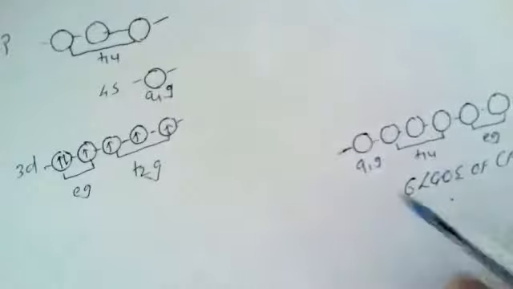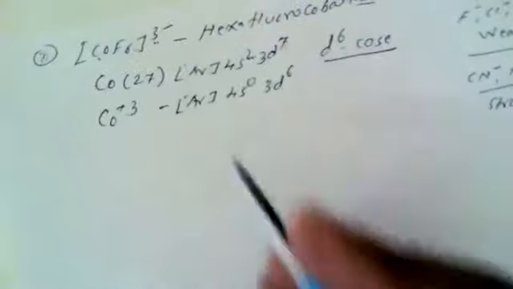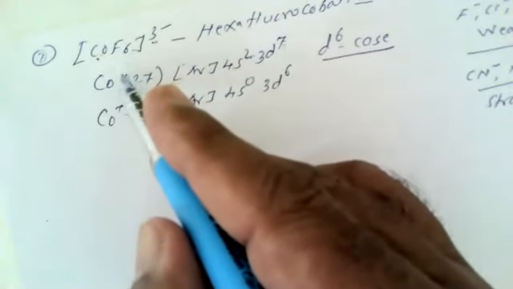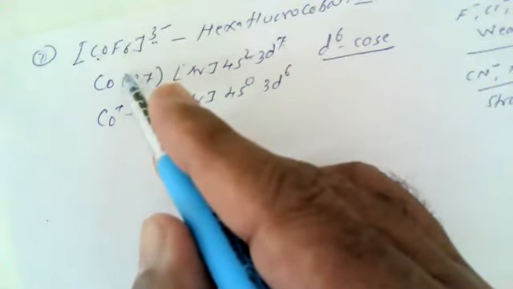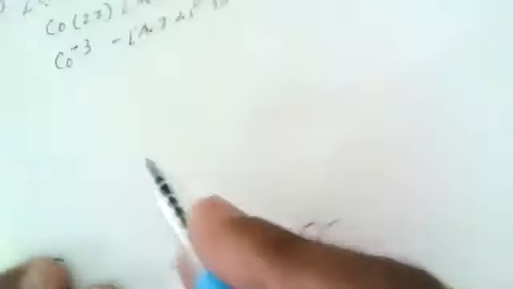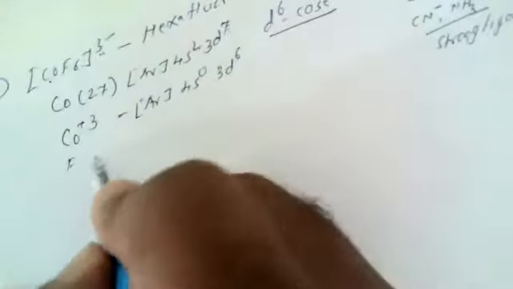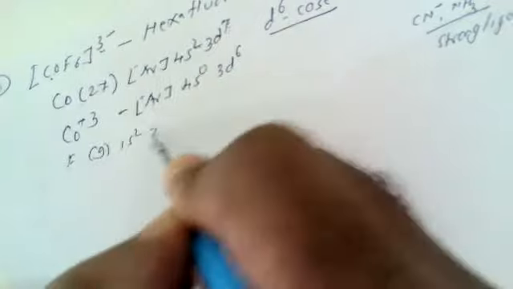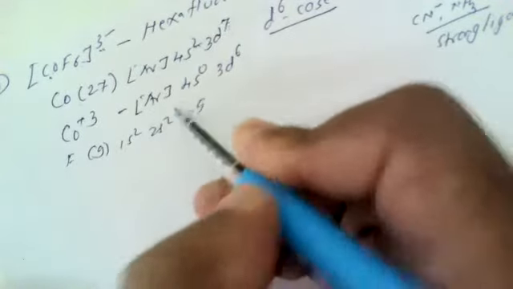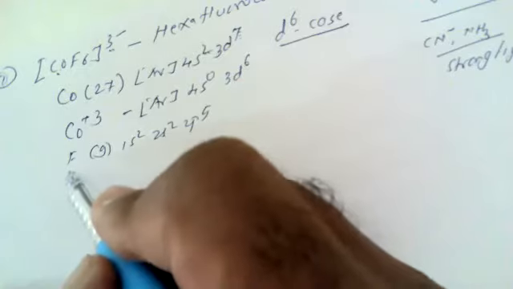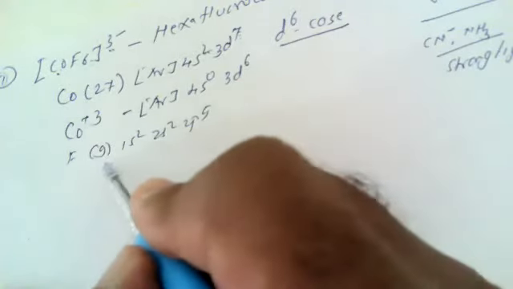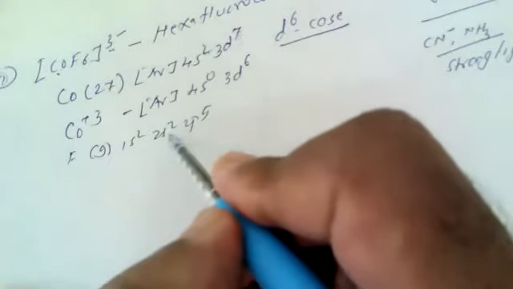Now, every fluorine will contribute 2 electrons, because as we know, as per the definition, a ligand is an electron rich species which is capable of donating electrons to the metal. Fluorine has atomic number 9, and its electronic configuration is 1s2, 2s2 and 2p5. Fluorine is a highly electronegative element, belonging to group 7A of the periodic table. As it is highly electronegative, it has a tendency to receive electrons.